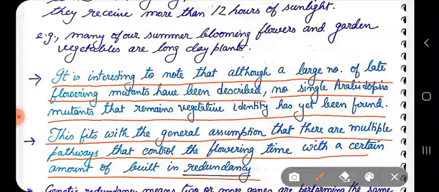There is not a pretty straightforward pathway like glycolysis. There are multiple pathways for flower development, and thus, even if a mutation occurs, it will not interfere with the flower development. Okay.